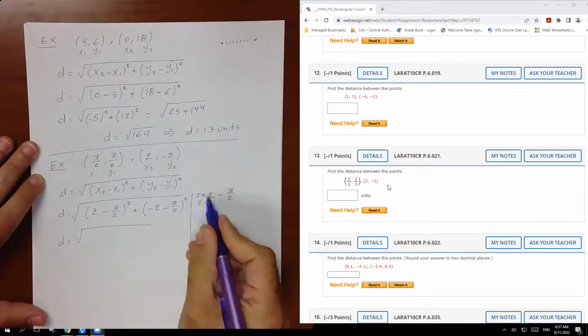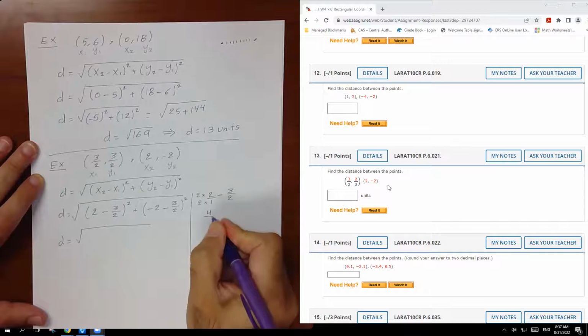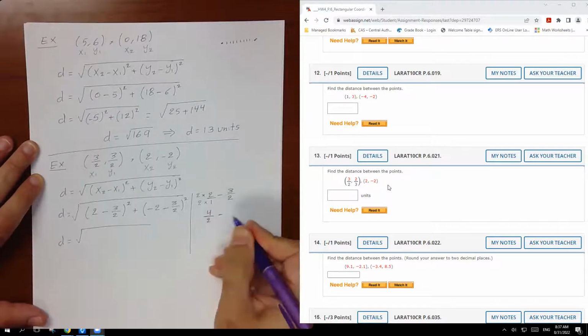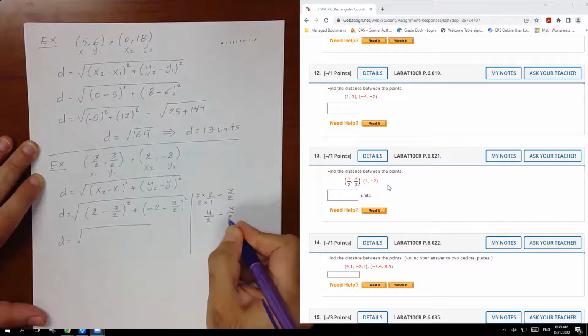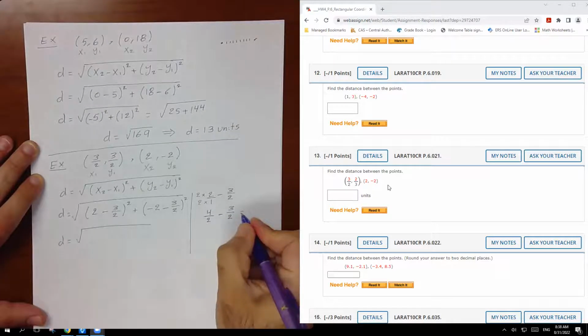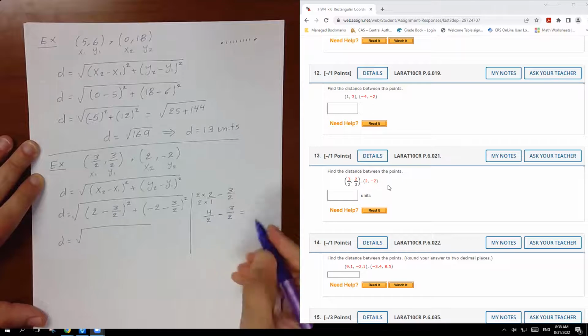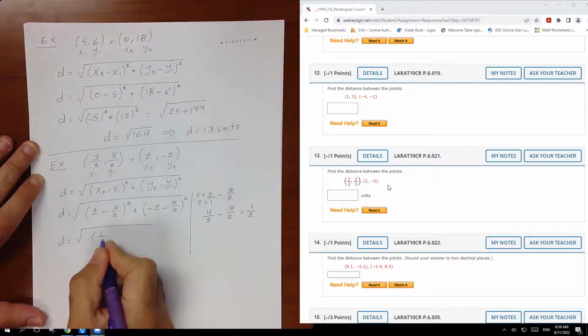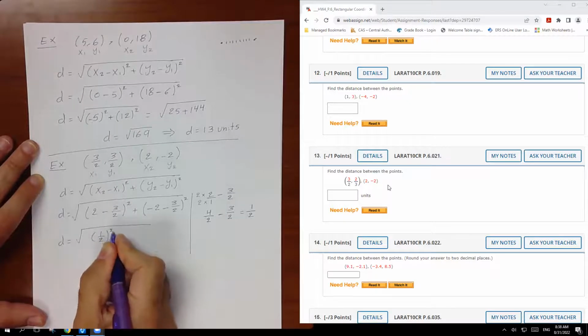So 2 times 2 is going to be 4, 2 times 1 is going to be 2. And I'm going to write down this exactly the same. So now I have exactly the same denominator. So 4 minus 3 is going to be 1, and I'm going to write down the 2. So 2 minus 3 over 2 is going to be 1 over 2 squared.